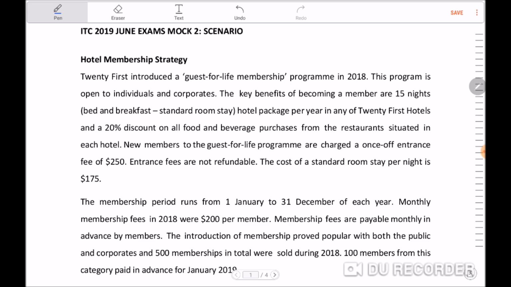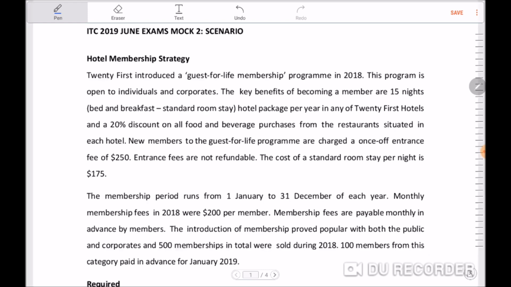That's where we're told information for the guest for life membership. So as you read through, you can establish that this strategy was part of how First 21st wanted to raise additional funds for its business.